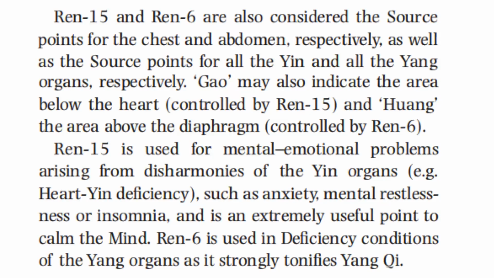REN15 is used for mental emotional problems arising from disharmonies of yin organs, like heart yin deficiency, such as anxiety, mental restlessness, or insomnia, and is an extremely useful point to calm the mind. REN6 is used in deficiency conditions of the yang organs as it strongly tonifies yang qi.